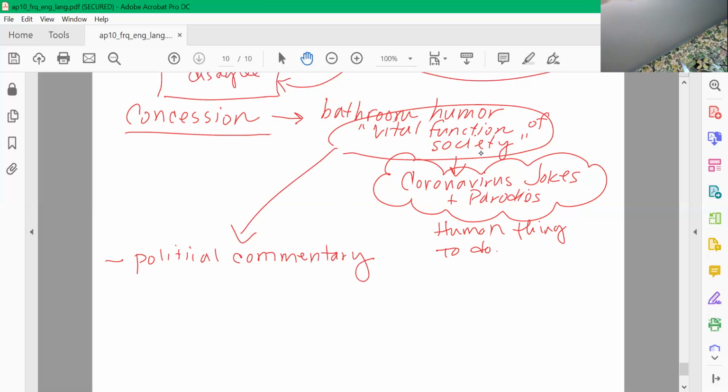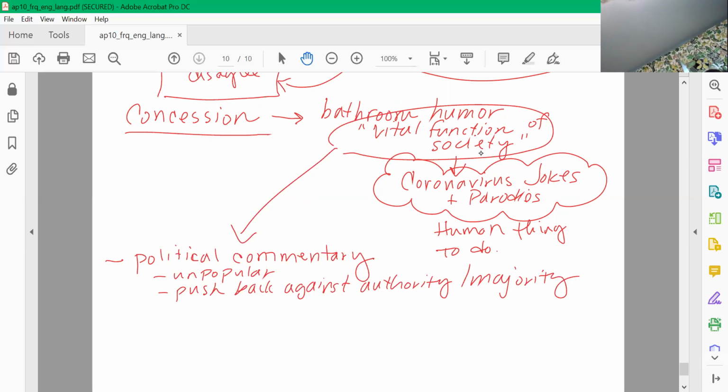And you know, these humorists can actually say what nobody else feels like they can say. They can say what's unpopular. They can push back against authority and the majority.